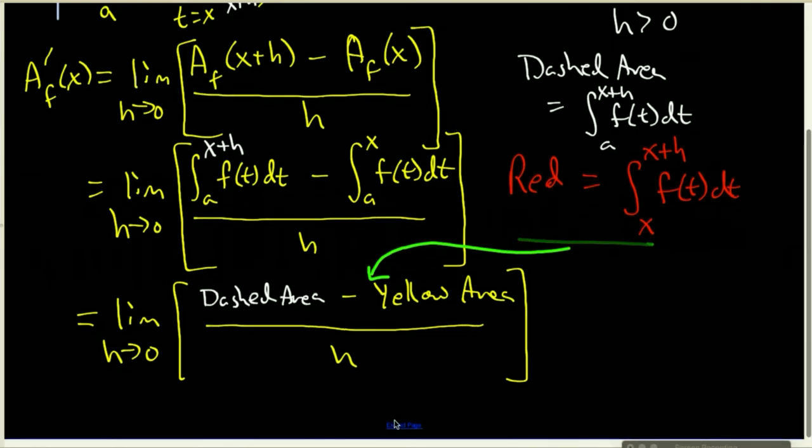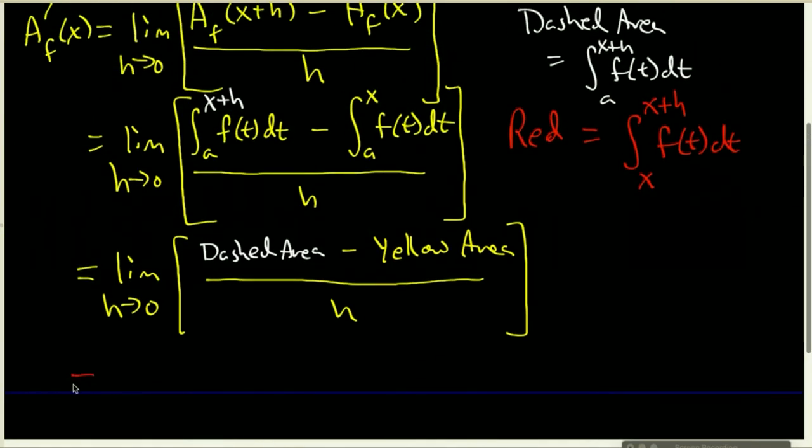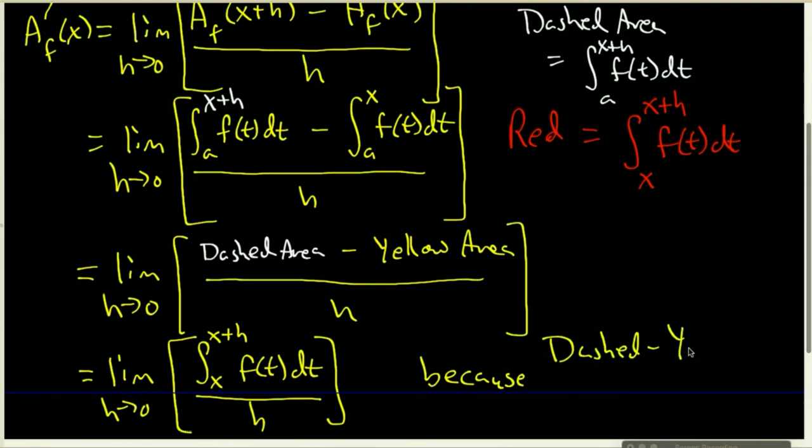And when we do, what we now have is the idea that our derivative is going to be, and I want to actually go back to the easier to see color, A prime is now going to be written as the limit as h goes to 0 of the integral from x to x plus h of f of t dt, all over h, because dashed minus yellow equals red, and red is given by that particular integral.